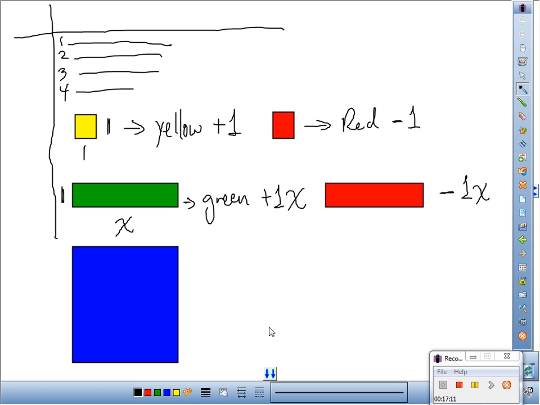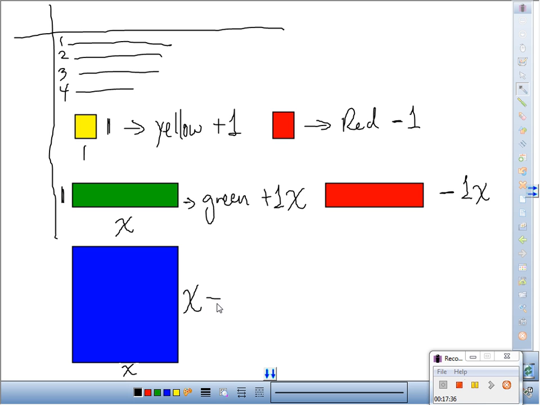So, who noticed, everybody look up to the screen, that this side measures the same as the length of the green? Who noticed that? So what does that tell us? That this is x and this is x, because it's a square, right? So what is x times x? X squared, right?